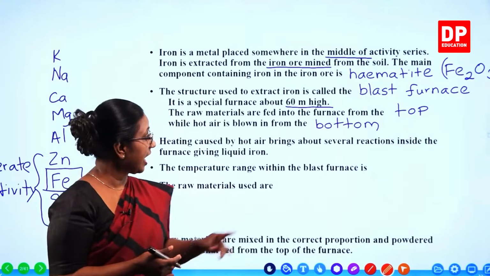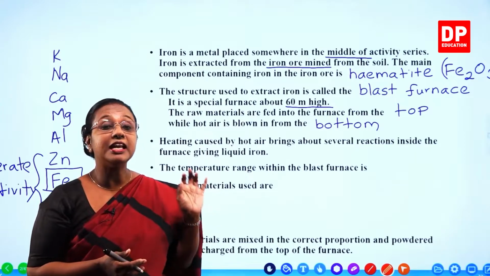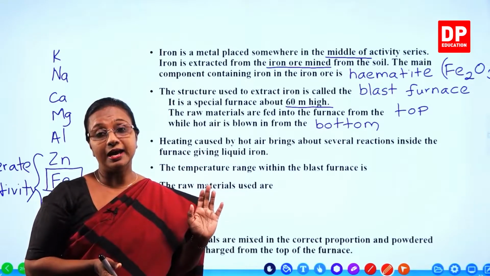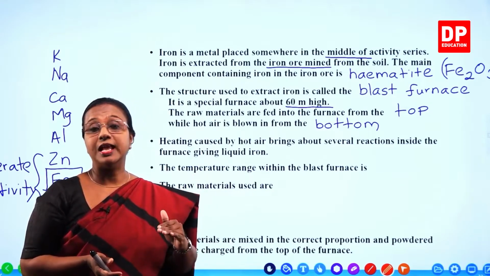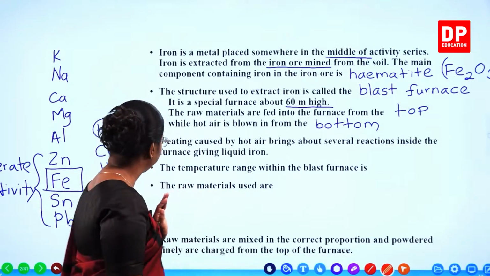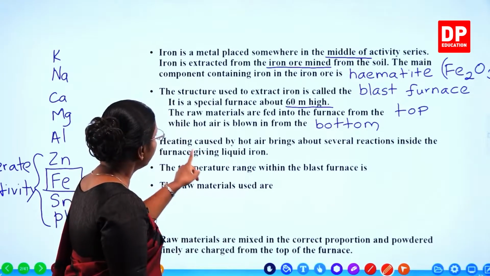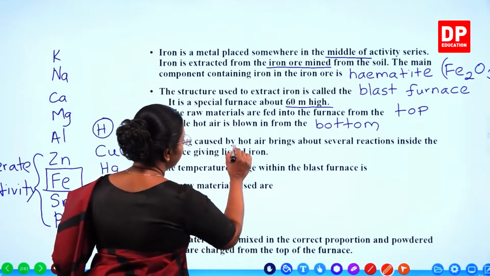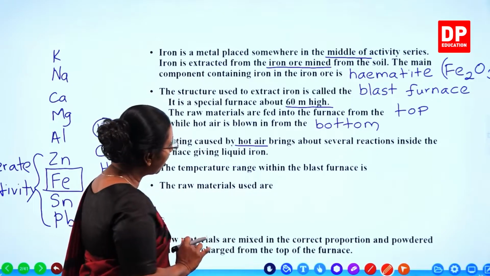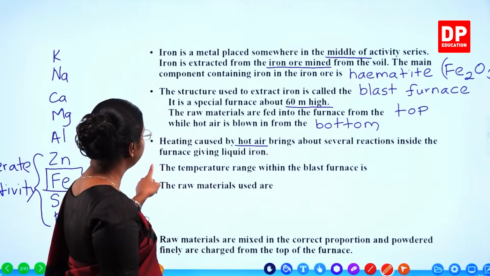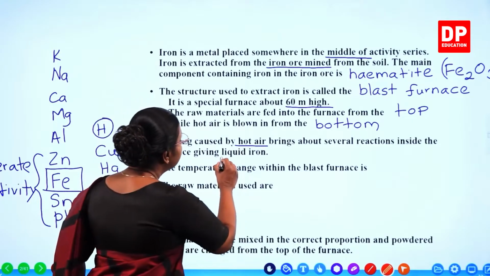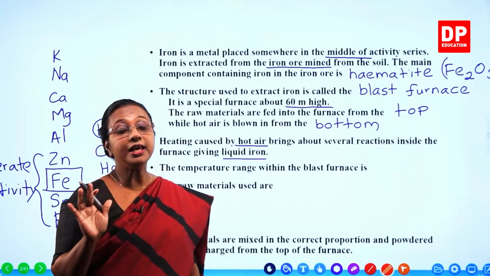And due to those reactions, iron is separated in the form of liquid iron or molten iron. Iron comes out as liquid iron or molten iron. So heating caused by hot air. Now I told you all this. Heating caused by hot air brings about several reactions inside the furnace, giving liquid iron. It's very important.